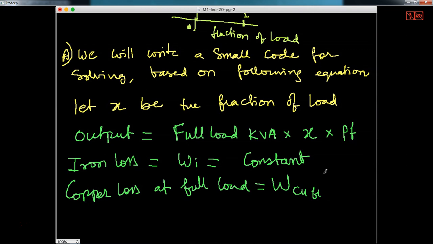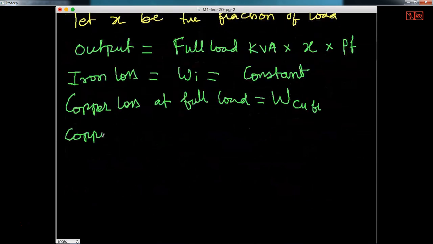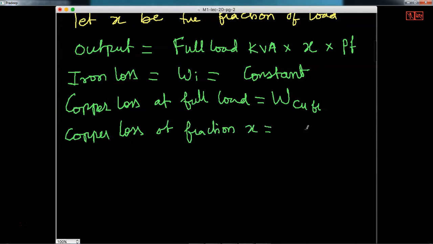Now copper loss at fraction X. So how do I get it? Because the copper loss is proportional to the square of the current, the copper loss will be proportional to the square of the fraction again. So X square times copper loss at full load.